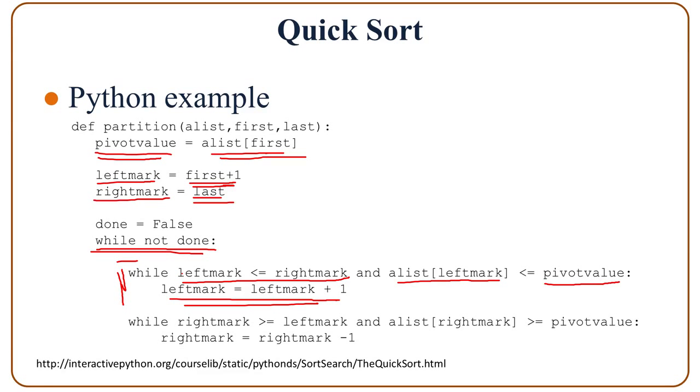So if we get to the element that is greater than the pivot value or the left mark crosses the right mark, then this loop stops.